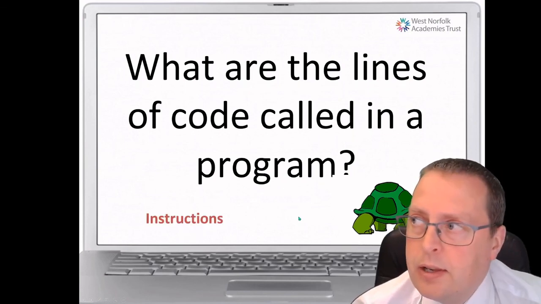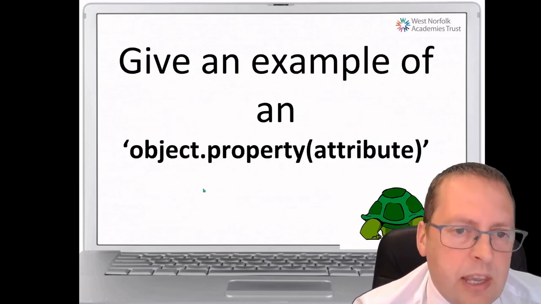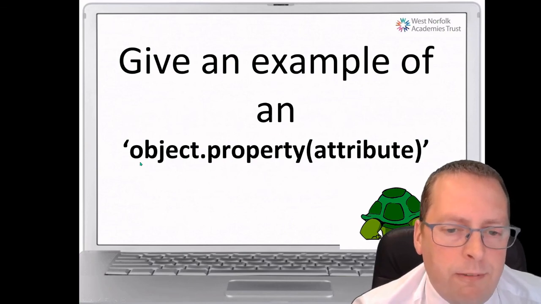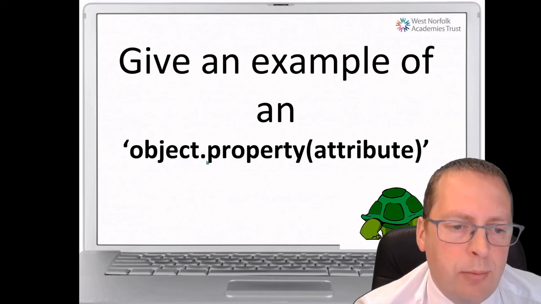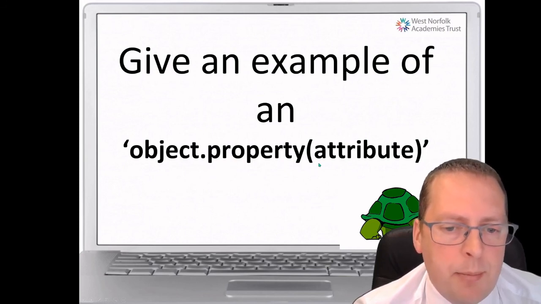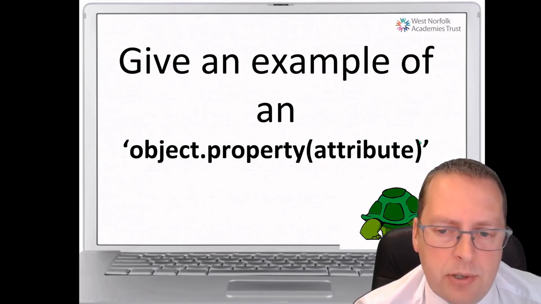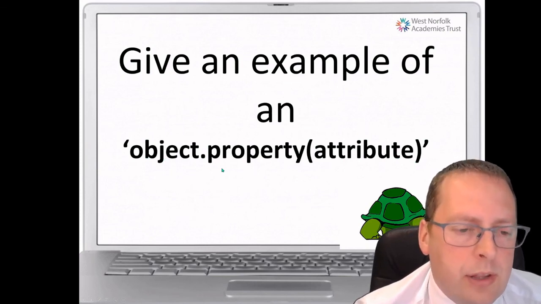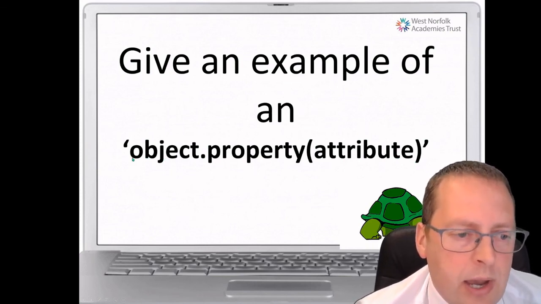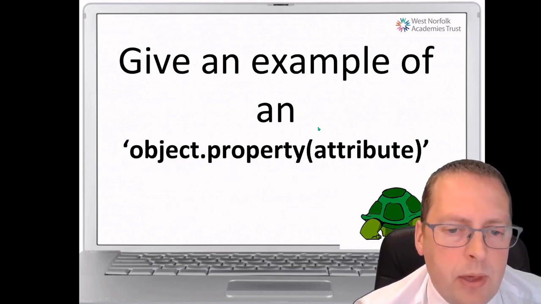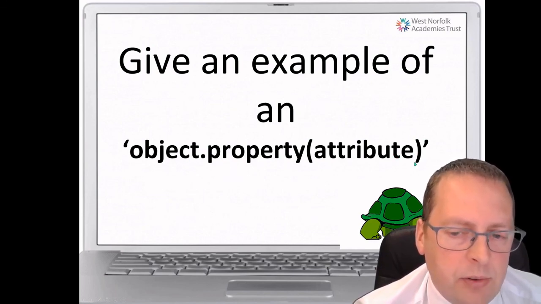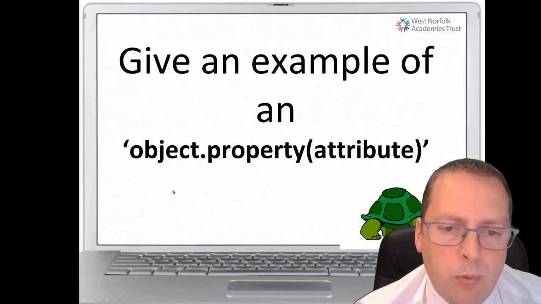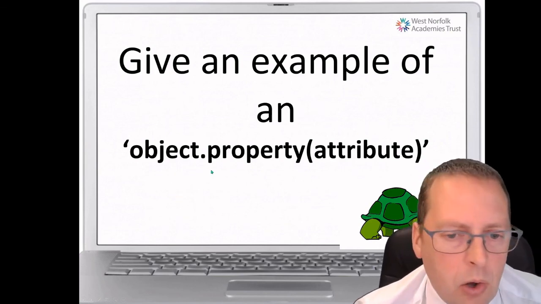And the next item is to give an example of a line of code like this, where you have an object and a full stop, then the property, and then a bracket with the attribute, close bracket. So you've used lines of code like this in your lesson today, where you had something dot something, bracket, and then something else. Can you think of an example where you've written something along these lines?